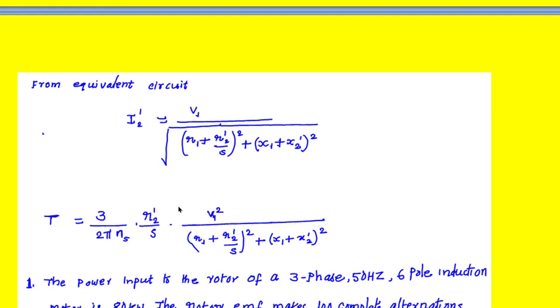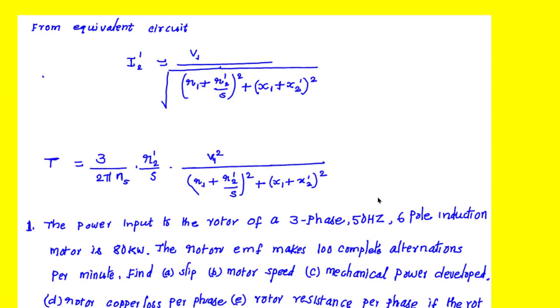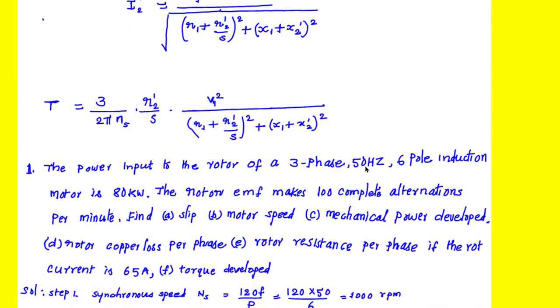Then we get 3 R2 dash divided by 2 pi ns into S into V1 square divided by R1 plus R2 dash by S whole square plus X1 plus X2 dash whole square, since once we square this, the square root goes away. So these are the formulas which are going to be used to solve the problems in this lecture.